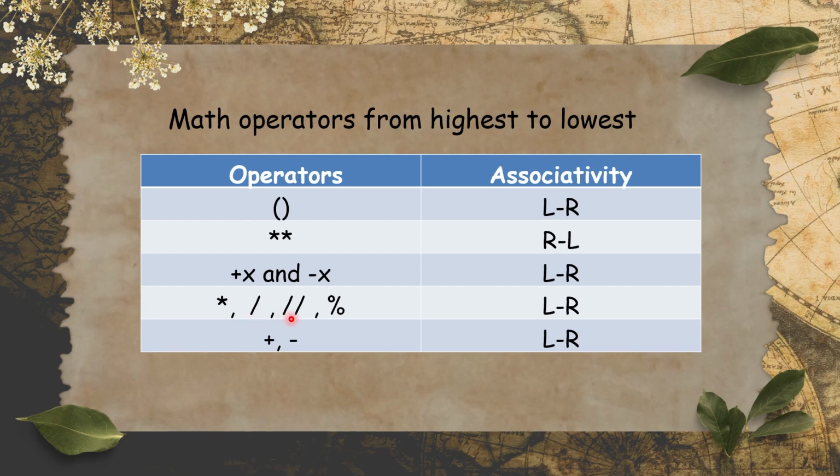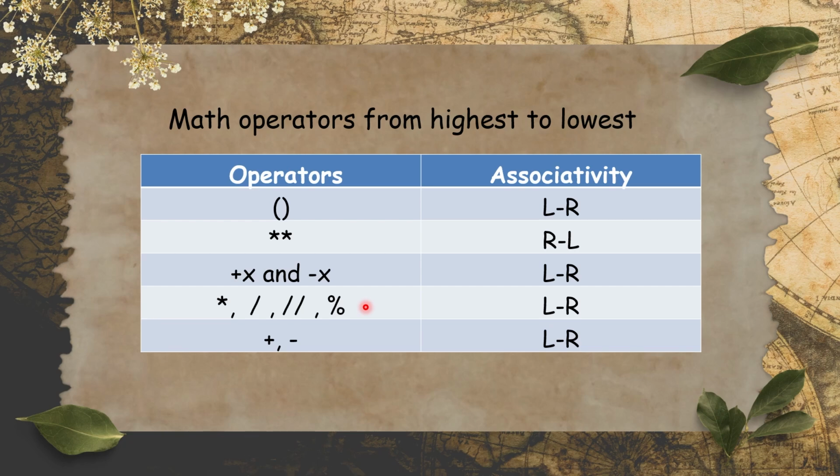Yes, and next what we have is modulus remainder. You might be wondering, this looks like a percentage symbol. Of course, it looks like a percentage symbol, but here in programming we call it the modulus remainder. Modulus remainder will return the remainder once you divide. Clear? For example, 10 divided by 3.